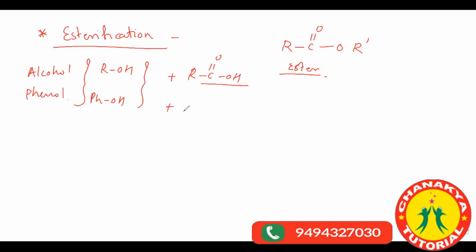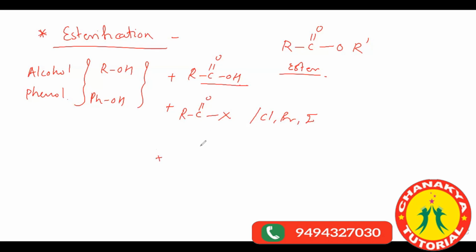Then another one is acid chloride, R, C double bond O, X. Any halogen would be present over here. This is acid chlorides or acid halides in short. If it is chloride, then this X should be replaced with chlorine, bromine, iodine, etc. Halogen. And anhydride means what? Acid anhydride.